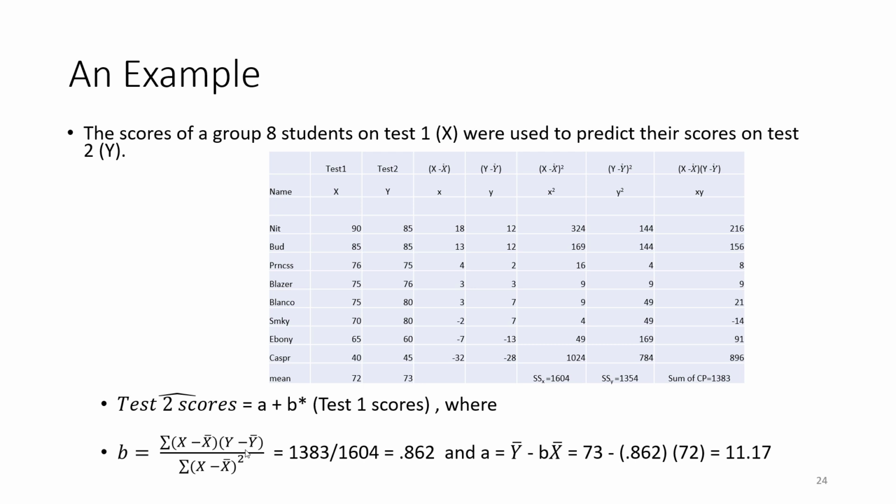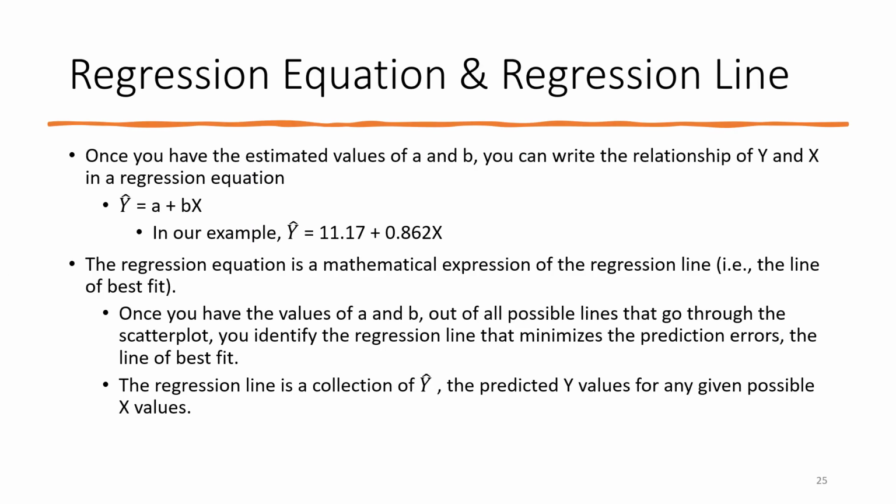After going through the calculation, you can see that the value of b, the regression coefficient, is 0.862, and the value of a, the intercept, is 11.17. Therefore, the regression equation is the predicted y value equals 11.17 plus 0.862 times x.